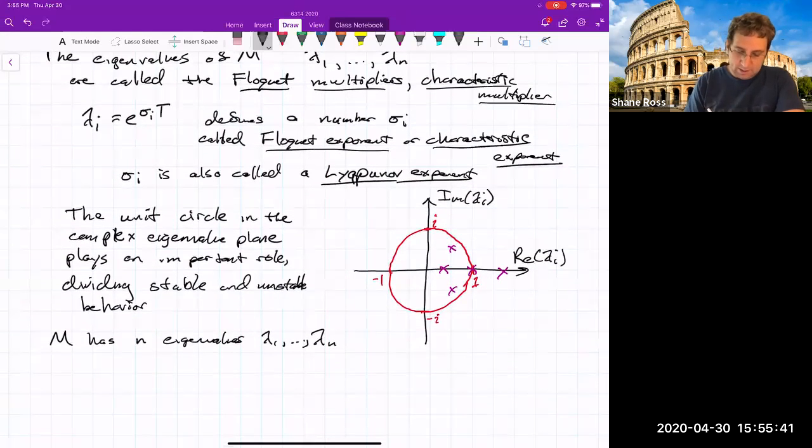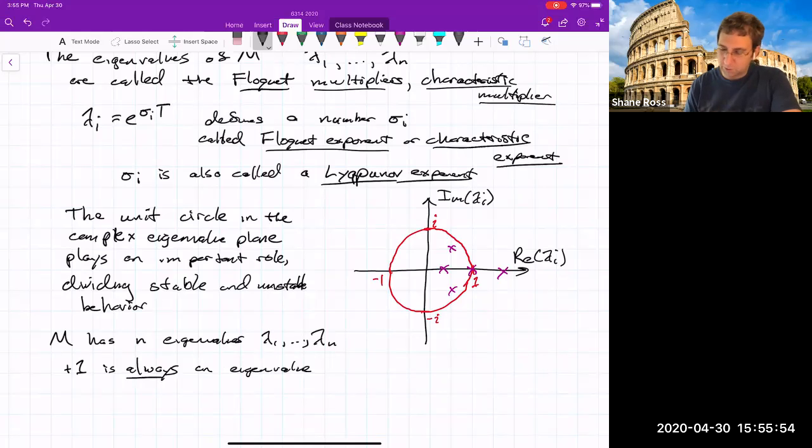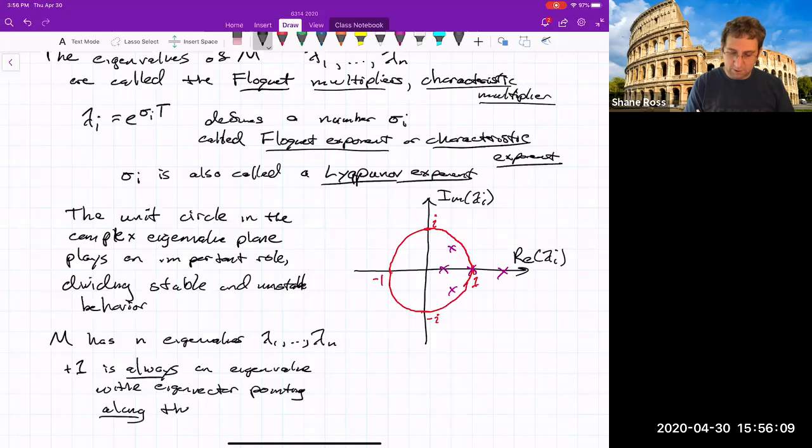And +1 is always an eigenvalue. You might wonder, why? It's always an eigenvalue with the eigenvector pointing along the periodic orbit.